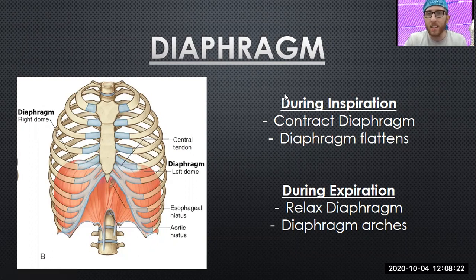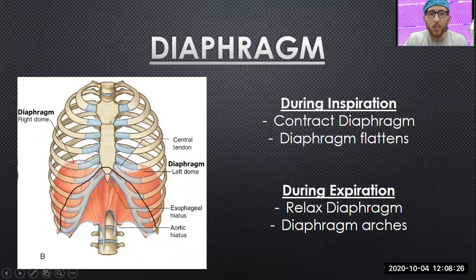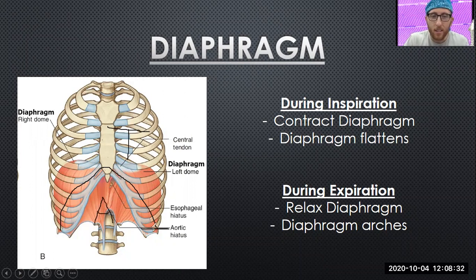But what we can see here is that the diaphragm is deep within the rib cage, dividing what we call the thoracic and abdominal cavities. So it's attached to these ribs, and then it's attached deep in there in something called the central tendon.